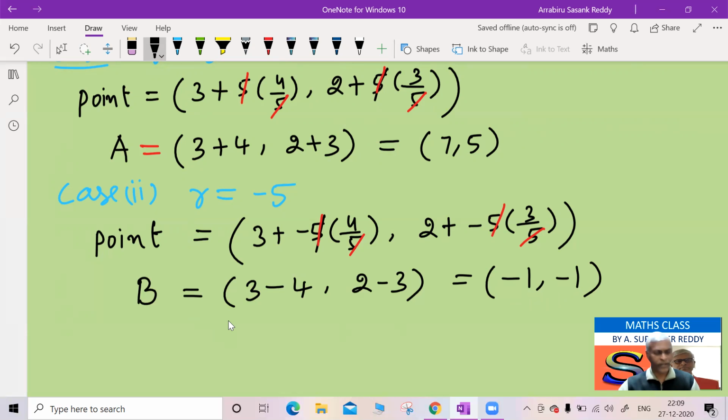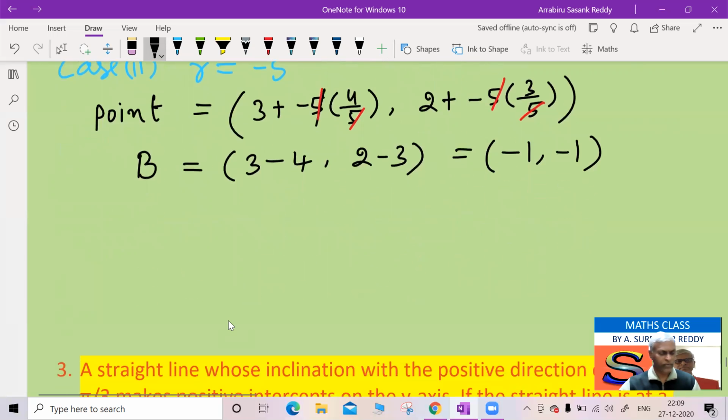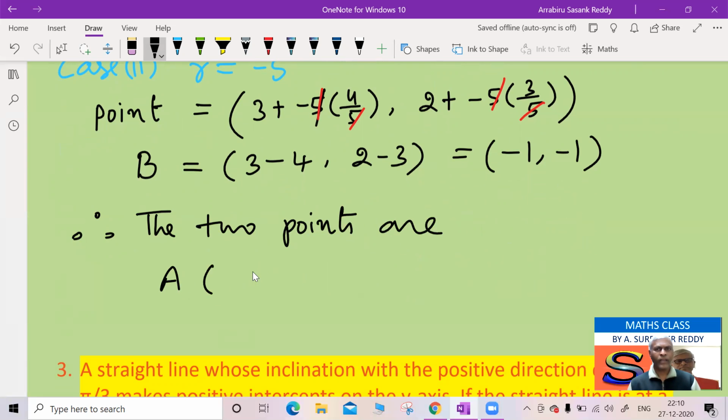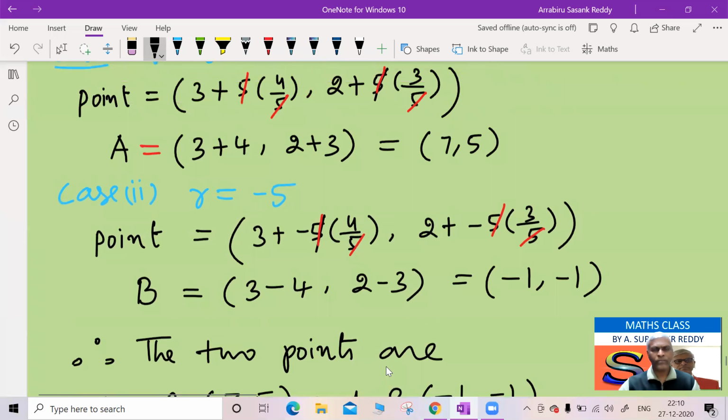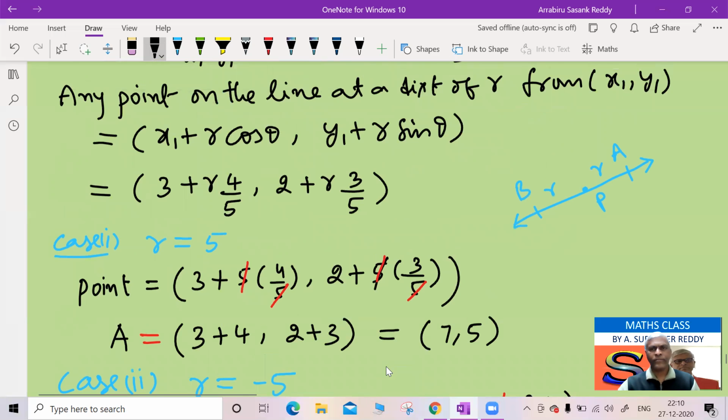So these 2 points are at a distance of 5 from the given point. Therefore, the 2 points are A 7 comma 5 and B minus 1 comma minus 1, which are at a distance of 5 units from the given point 3 comma 2 on the line.